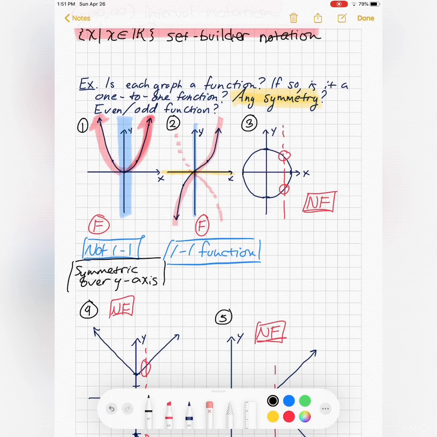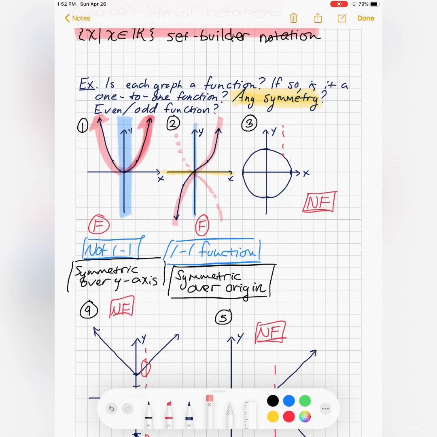If I get back the original graph, in that case, I say the graph is symmetric over the origin.